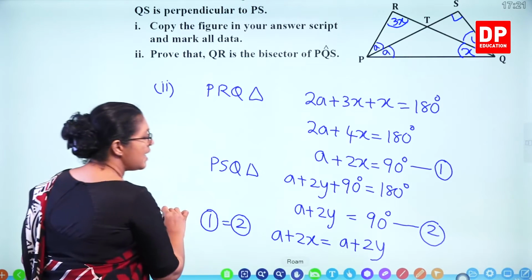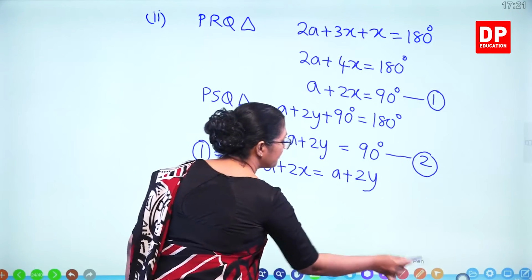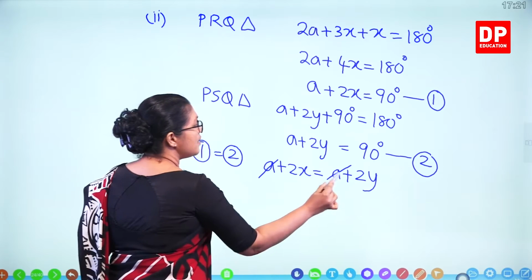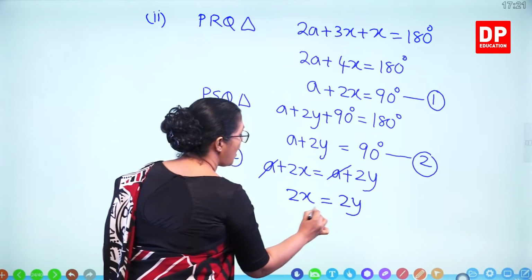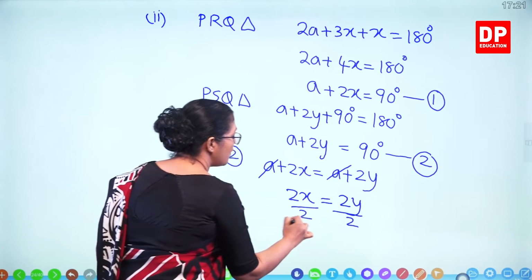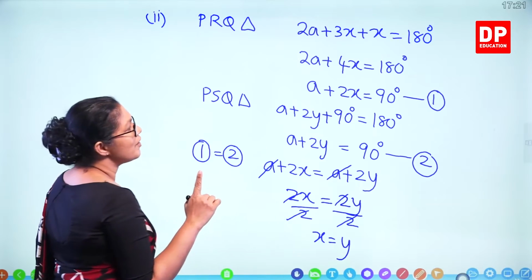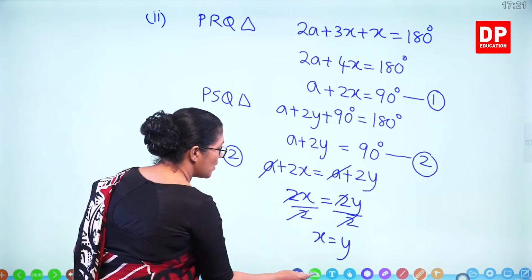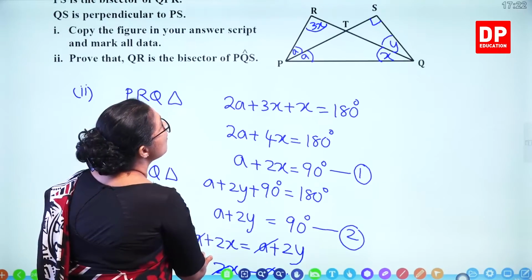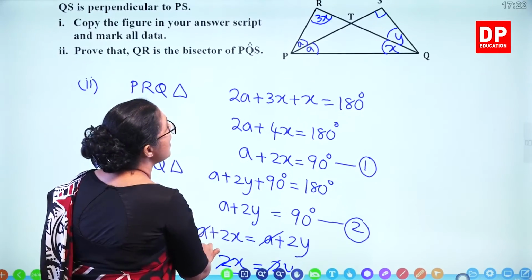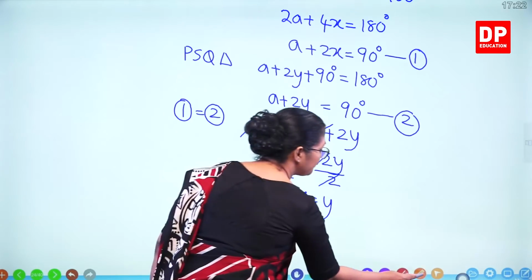Now can you see a gets cancelled out? Divide by 2. 2x equals 2y. That means x equals y. So we found out that x equals y. That means QR is the angle bisector of PQS.